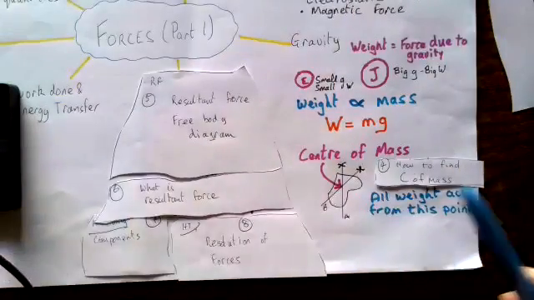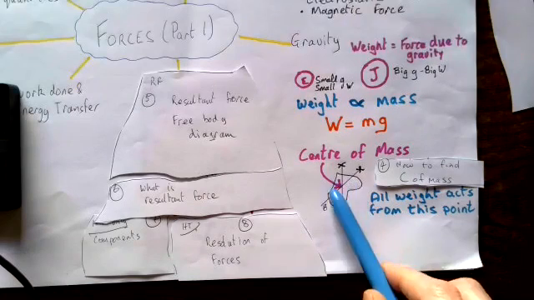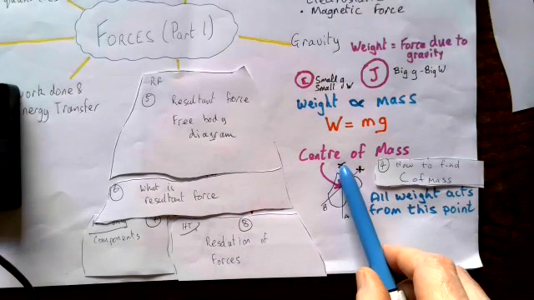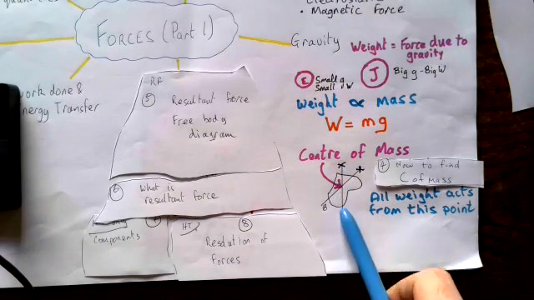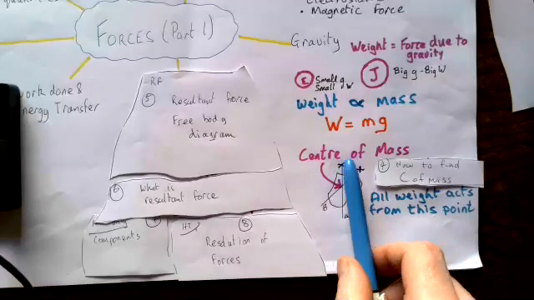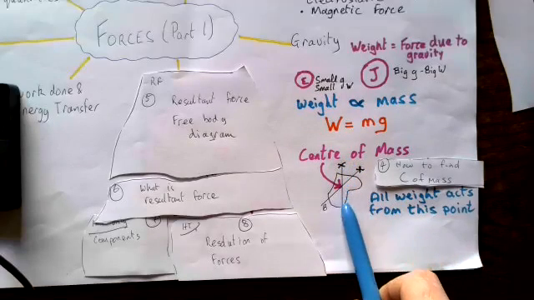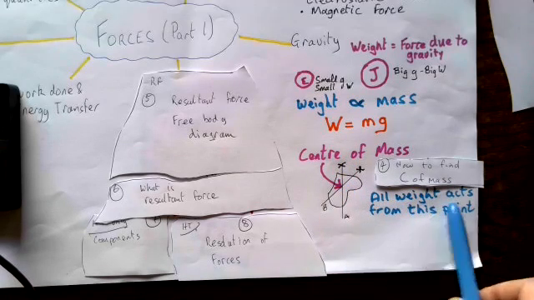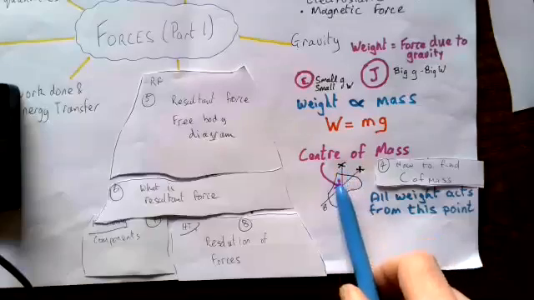How you find the center of mass of an object, this here is the object. If I suspend or hang the object up from this point here, held by a piece of string, then if I draw a line vertically downwards through the object, the center of mass will be on that line because all the weight acts from the center of mass. So the weight will be pulling down through there.